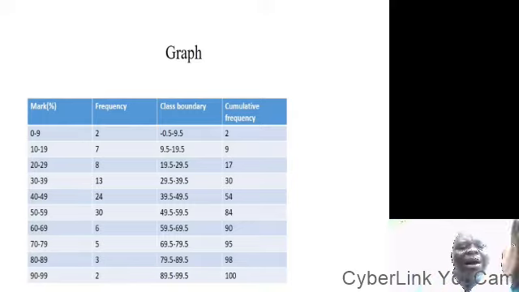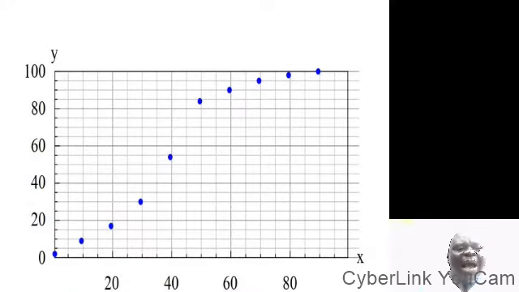Now we are going to plot the cumulative frequency. We are going to plot the class boundary against the cumulative frequency. In our graph, we are advised to use the standard graph sheet. The standard graph is actually 2 centimeters by 2 centimeters.